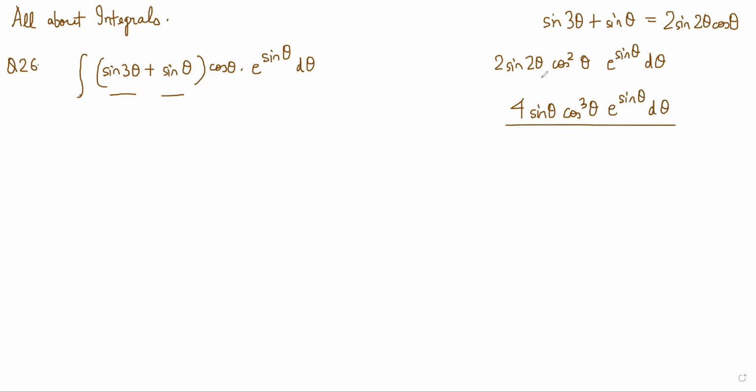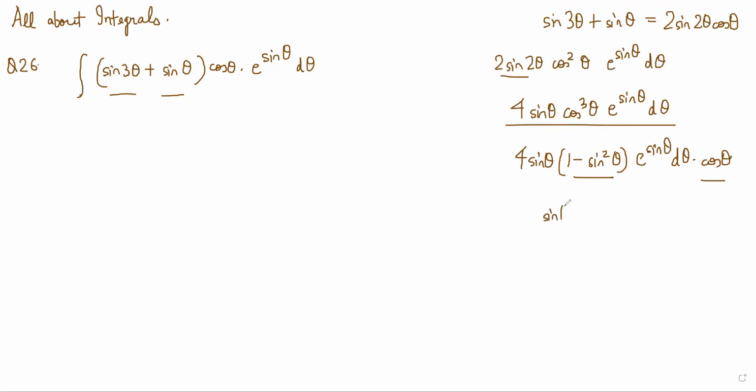So basically, I'm using the double angle formula here. And now what I can do is I can easily take sine theta as t here, because cos square theta can be written like this. And there is one extra cos theta left, right?